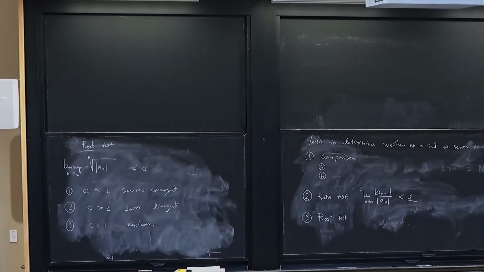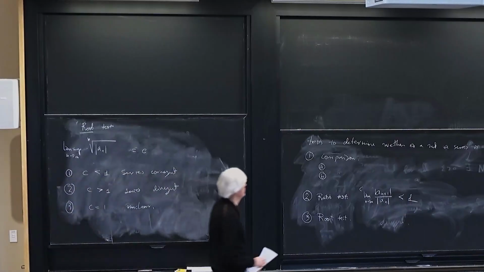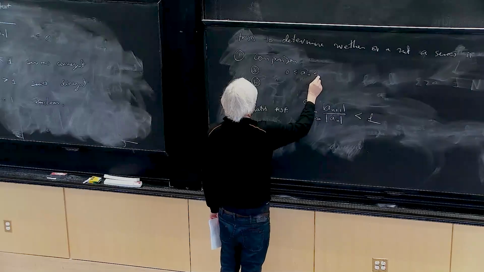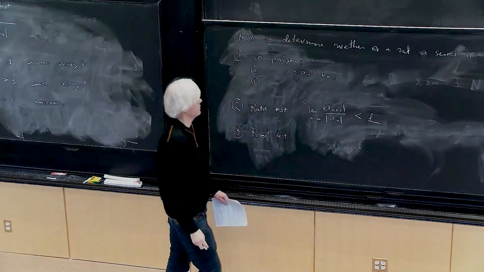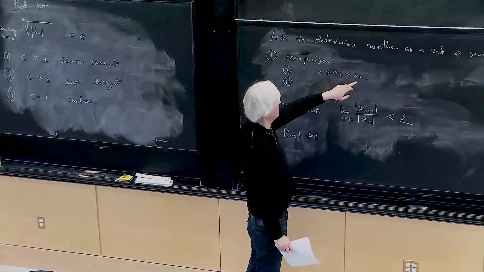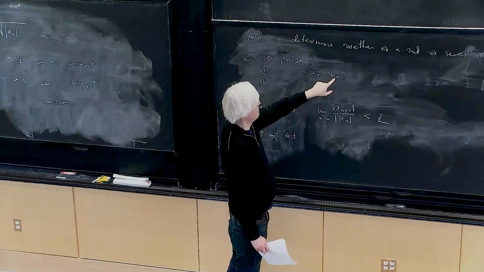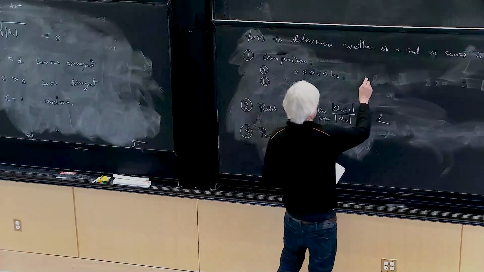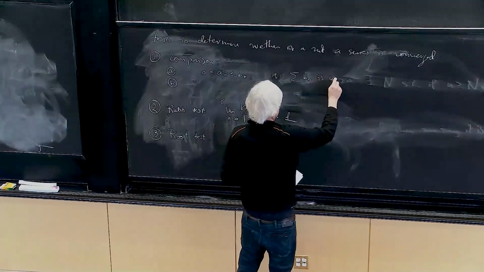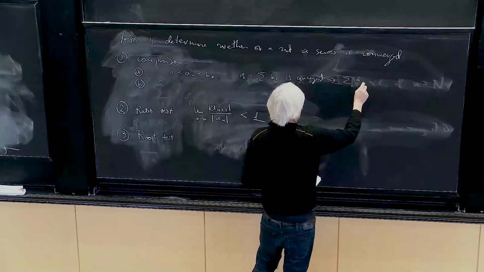The comparison test, let's get back to that. The comparison test had two parts. Suppose you had a_n and b_n. The first part is this statement that if you have two series, one based on the a_n, another based on the b_n, and the series of b_n is convergent, then it implies that the series of a_n is convergent.